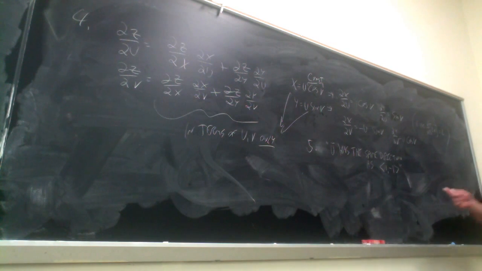What that means is u is parallel to this vector, or in terms of the components, you could say that u is equal to this vector times a constant.